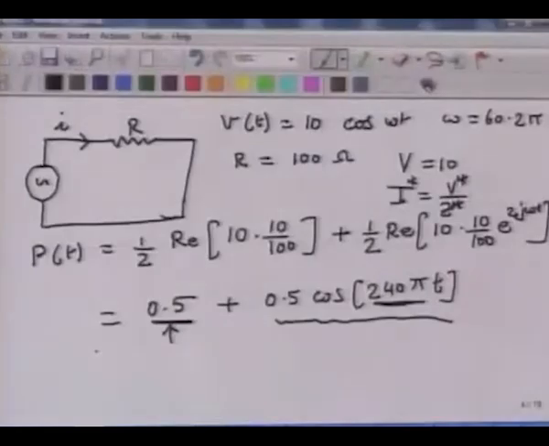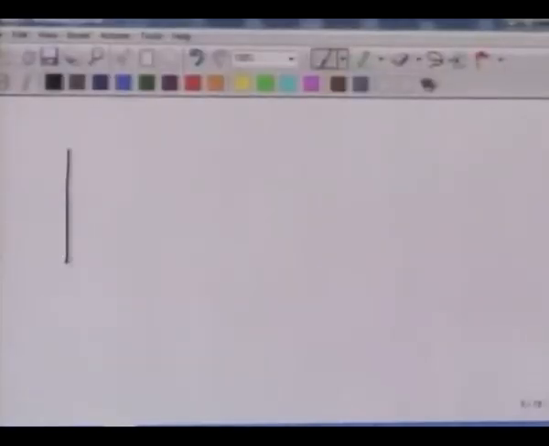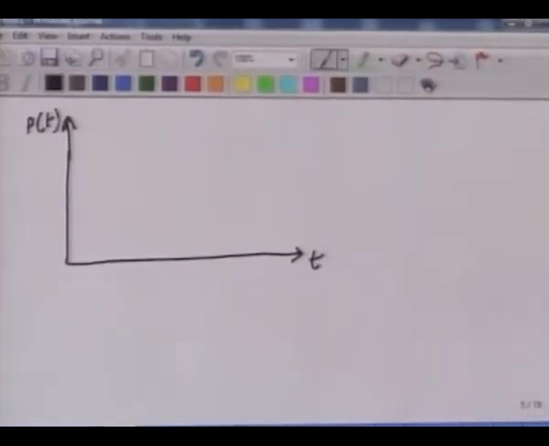So if I plot this whole thing, my plot will look something like this. This is my time axis. This is the total instantaneous power, which is PT. When I plot it, my axis goes 0.5, 1.